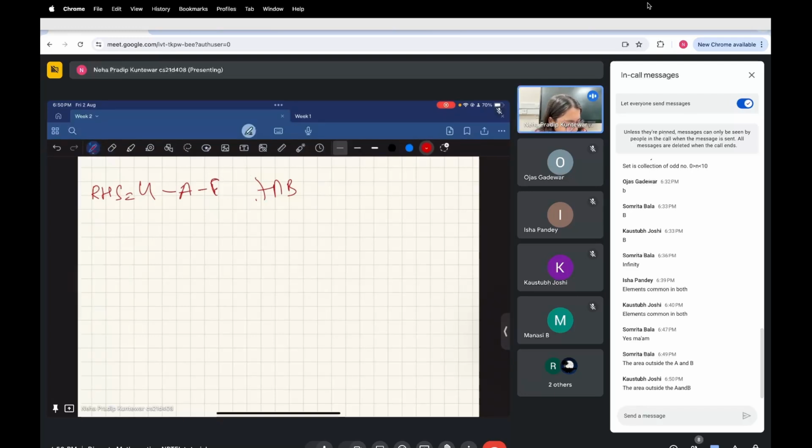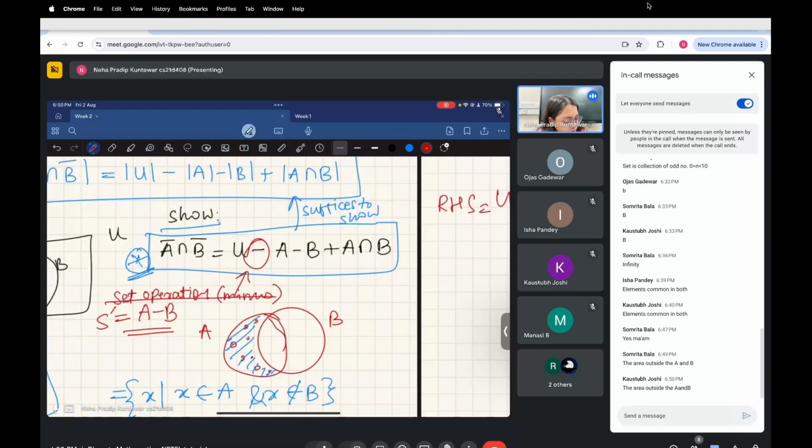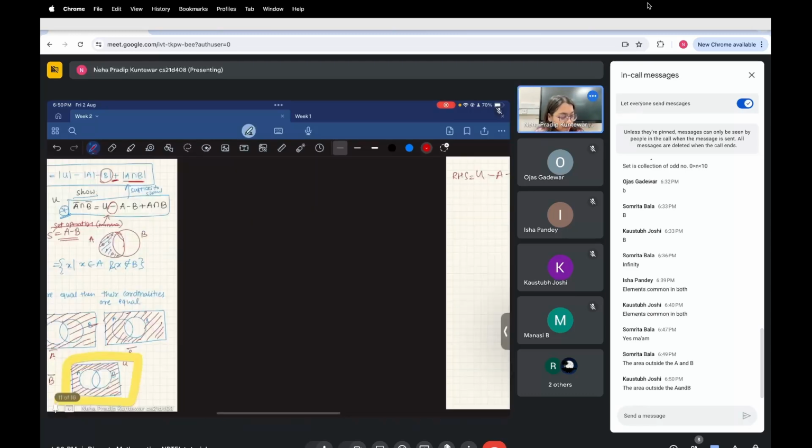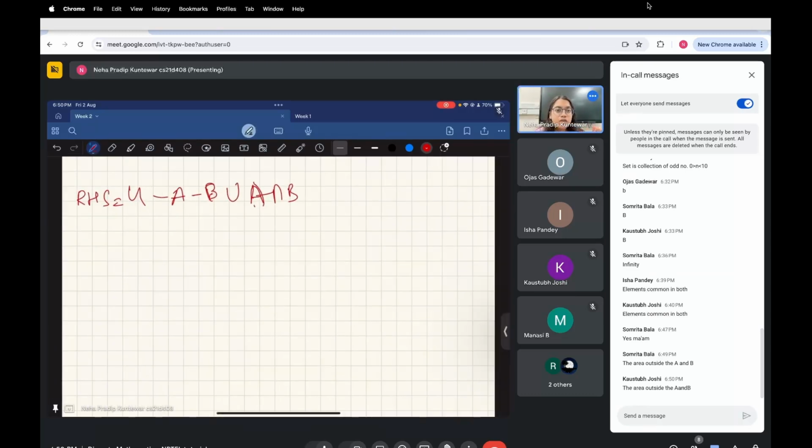Generally you use union, but it would not directly translate. When you want to talk in terms of sets and not numbers, you can't directly use this plus. So you would have to write an appropriate set on the right hand side which would translate to the number that you wanted.